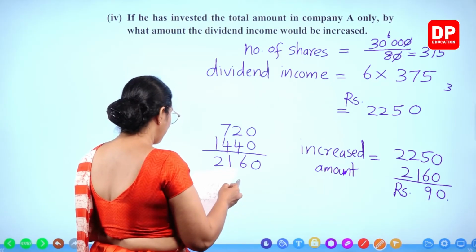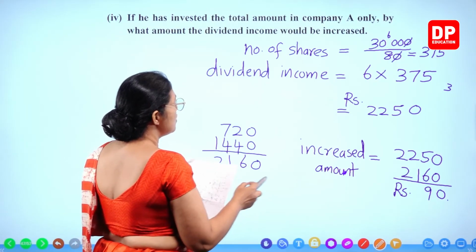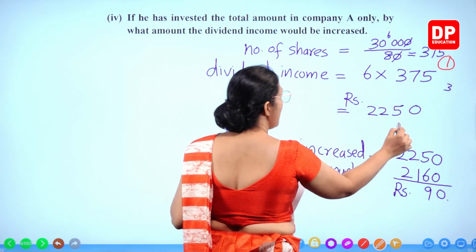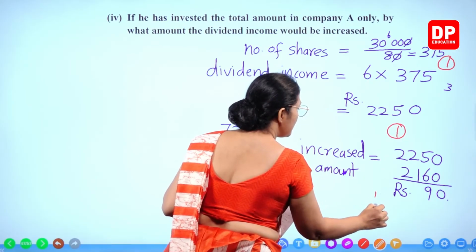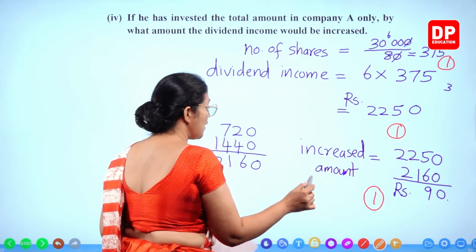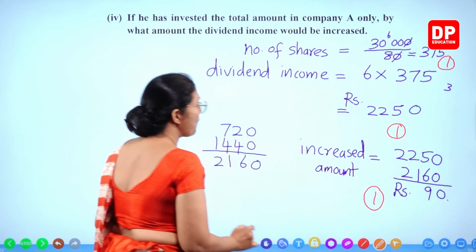So you get 3 marks altogether: 1 mark to find the shares, then 1 mark, and here 1 mark. So we have given 10 marks for the whole question.